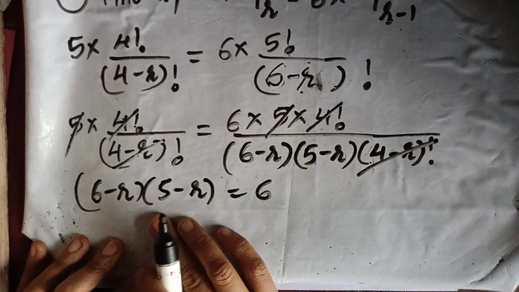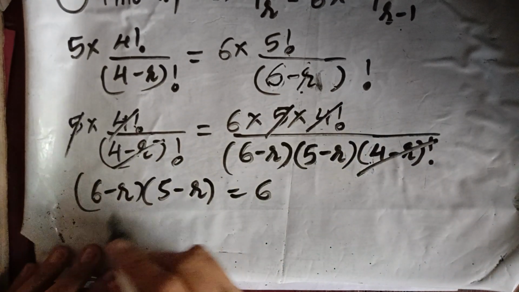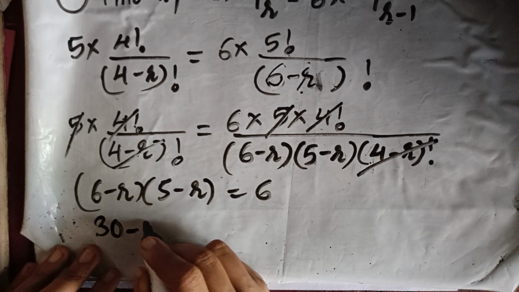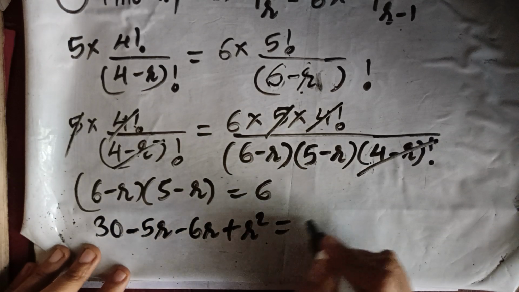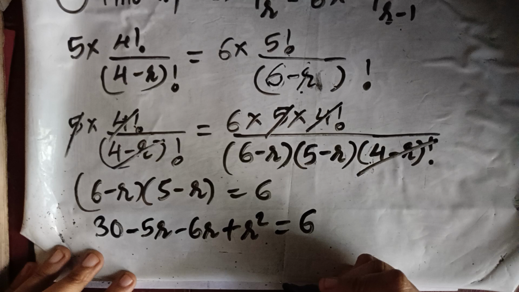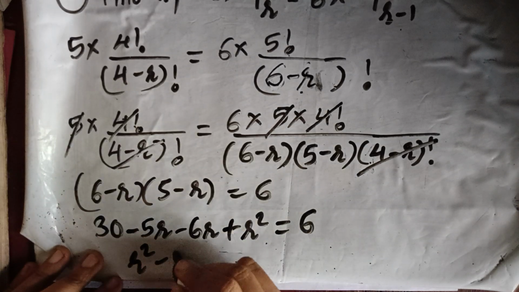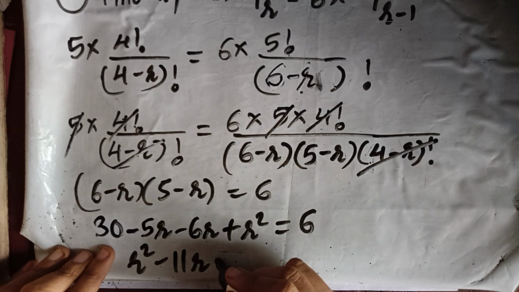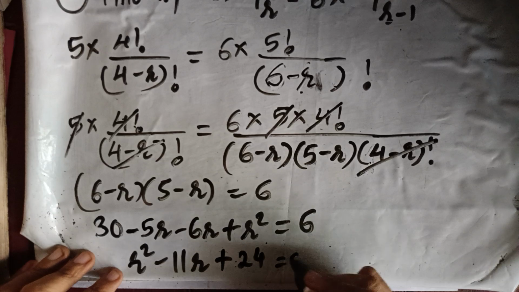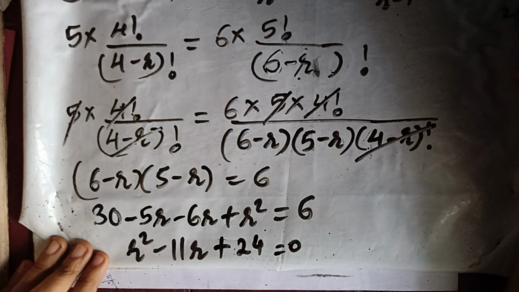So you'll get a quadratic equation here. 30 minus 5r minus 6r plus r square, so minus 11r, 30 minus 6 is 24. So 24 and 11, 8 and 3, minus 8 minus 3.